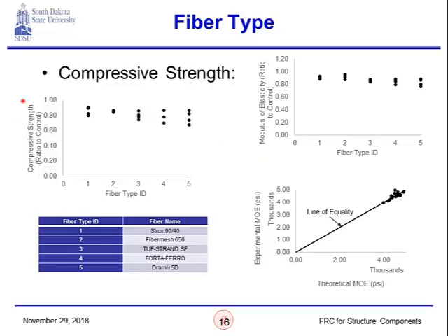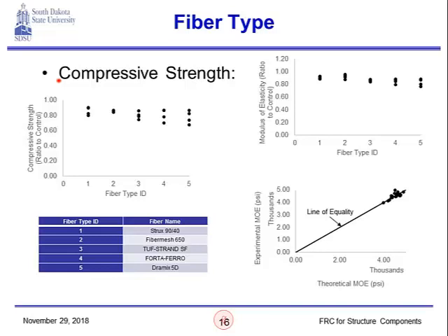But the thing that we notice here is the fact that all of them had a compressive strength much less than the control specimen. Also the modulus of elasticity, all of them had much less than the control modulus of elasticity. So we had maybe a 15% drop in the compressive strength, an average of 15%.